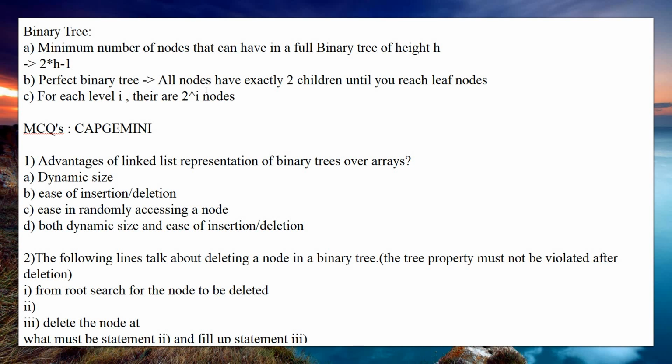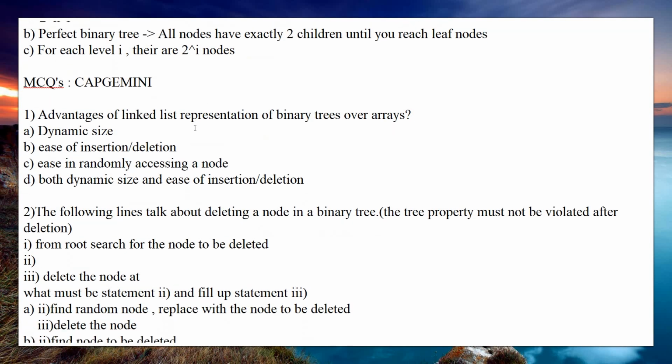If i is given, that is the level number, suppose i is 4, then you are going to make it as 2 raised to 4, which will be equal to 16 nodes. So these are the important concepts of the binary tree. If a level is given and you need to find the number of nodes, the formula is 2 raised to i.